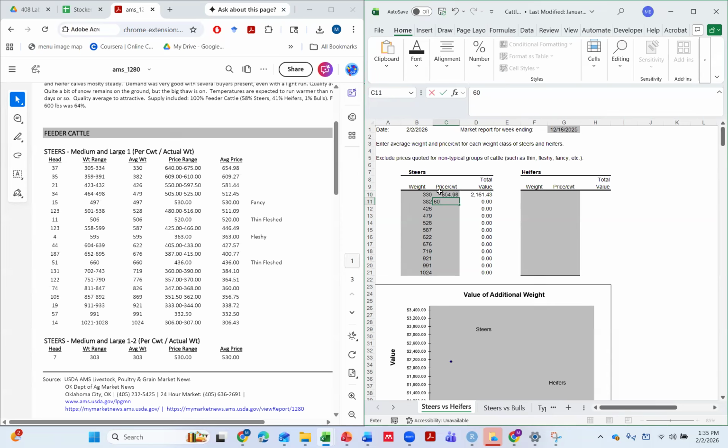So this 382 was 609.27. 426 was 581.44. 479 was 512.45. 528 was 511.09. 587 was 446.49. 622 was 427.57. 676, 400.77. 719 was 384.1.